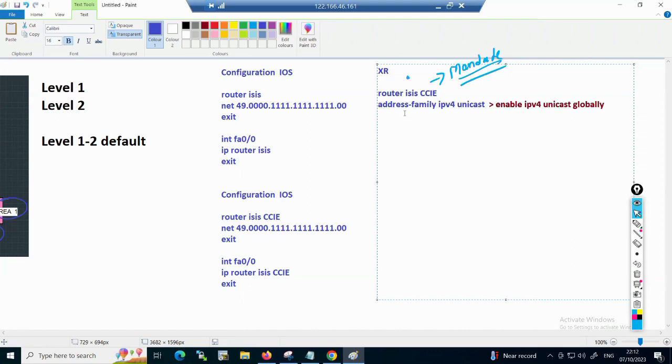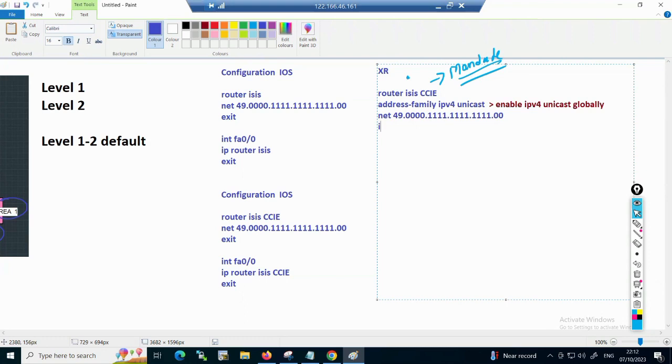Then after that, I need to define a net address: 49, the same 000 area ID, system ID, and the N selector. Once we have done this, leave the level-1 and level-2 part right now. The default is level-1 and level-2, leave that part.